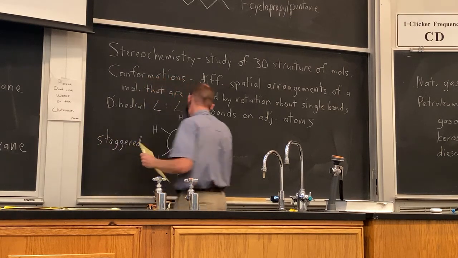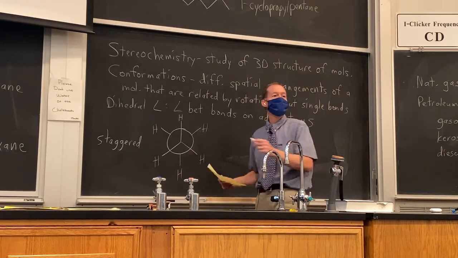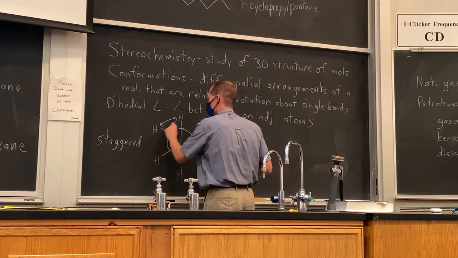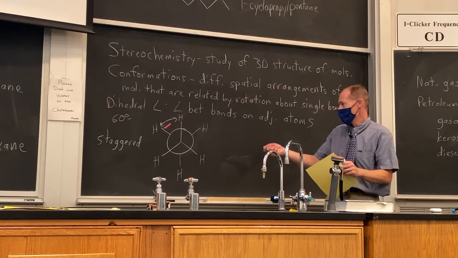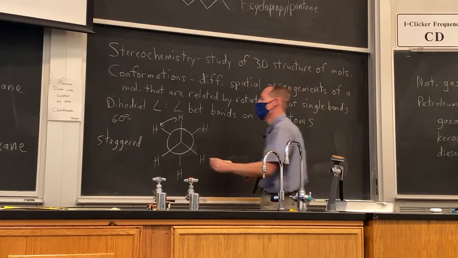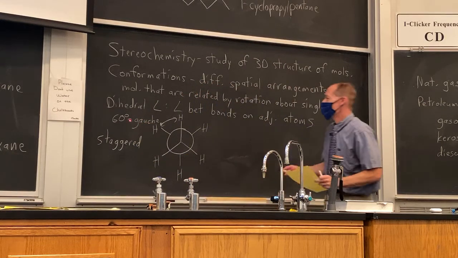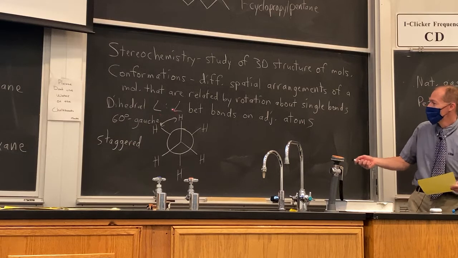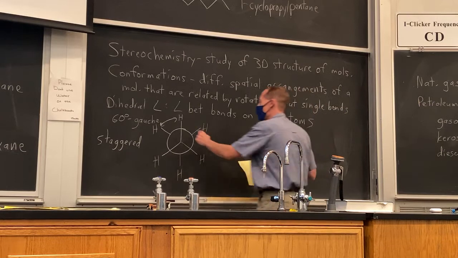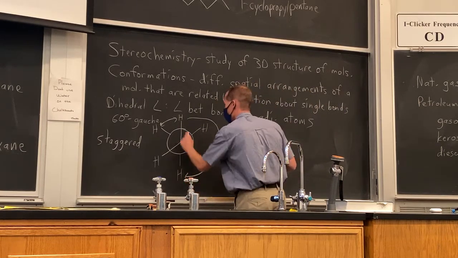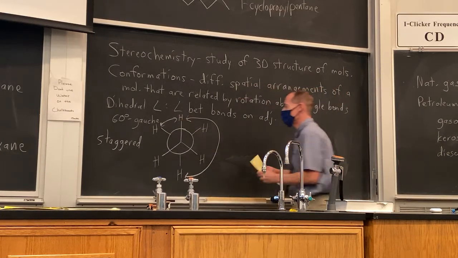Okay? So in the staggered conformation, we have 2 different dihedral angles. We have a 60-degree dihedral angle, shown right here. And that 60-degree dihedral angle is referred to as gauche. So when you see the word gauche, that refers to a 60-degree dihedral angle. We also have a 180-degree dihedral angle.